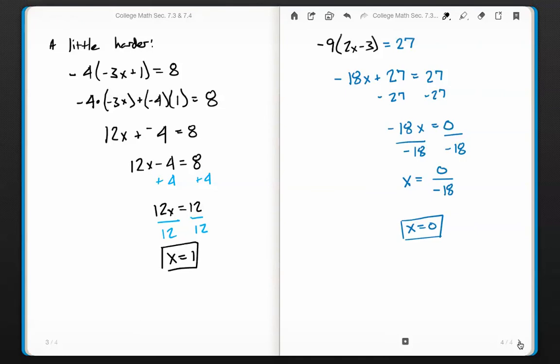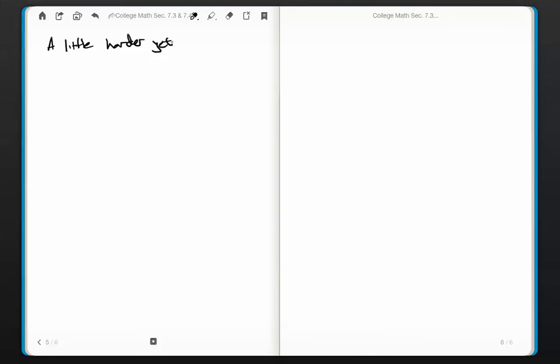Okay. Now let's get into even a little harder problems. A little harder yet. And this one will be 6x plus 7 equals 3 times 2x plus 4.